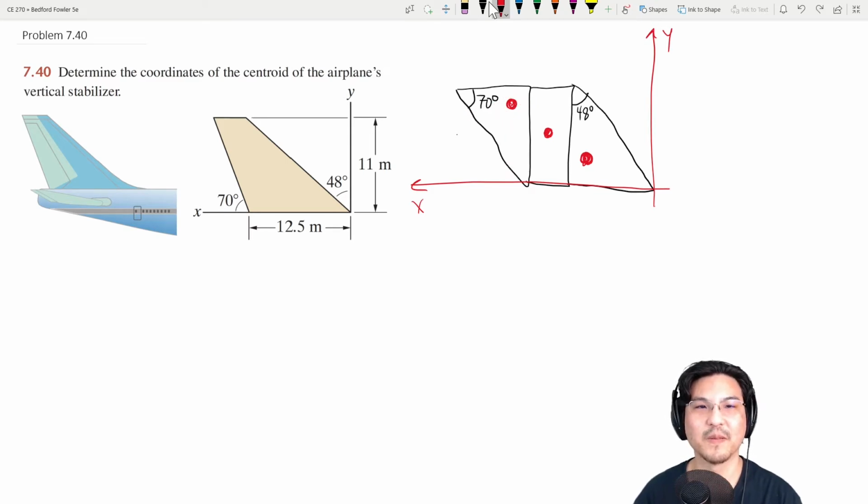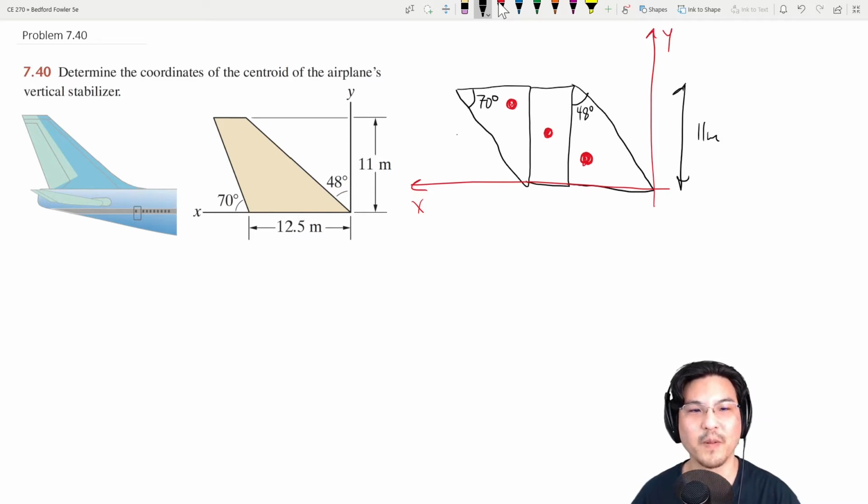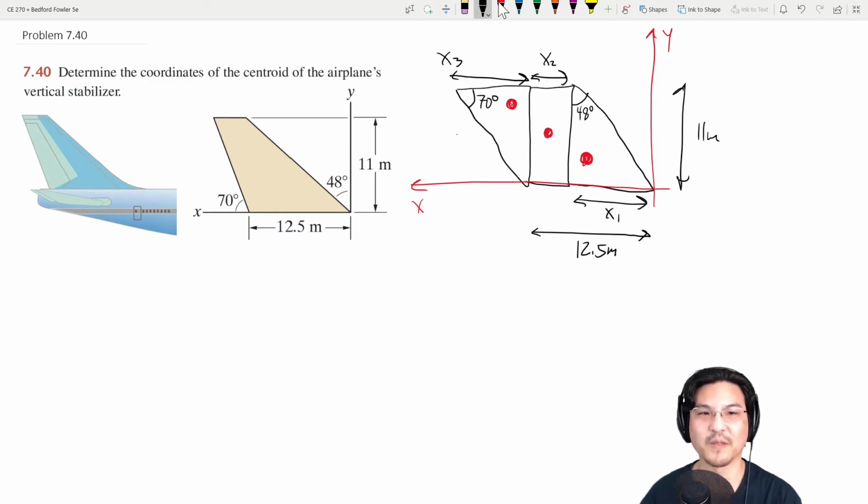Okay, so let's figure out a little bit of the trigonometry. So this is 11. This is 12.5. So let's call this x1. Let's call this x2. And let's call this x3. Okay, so for x1, let's just look at that triangle here.